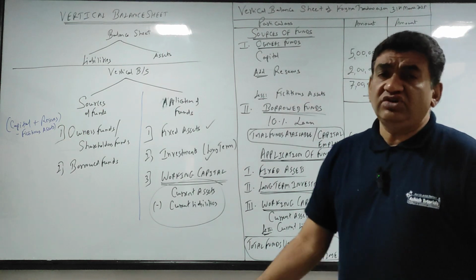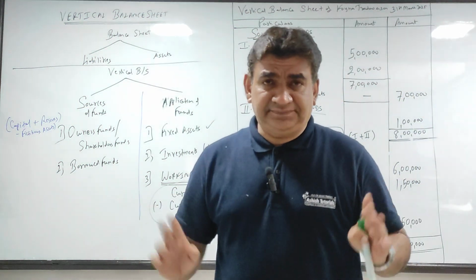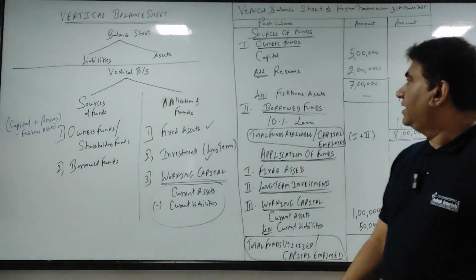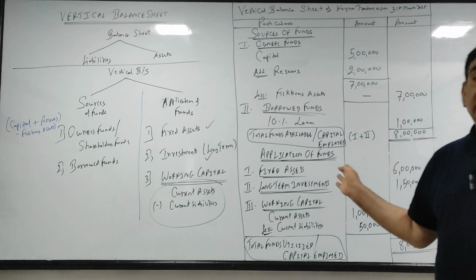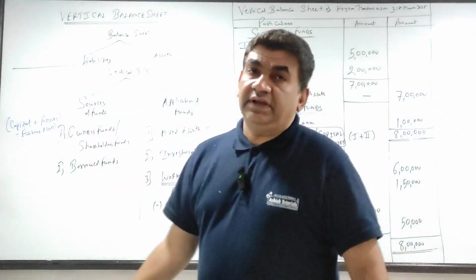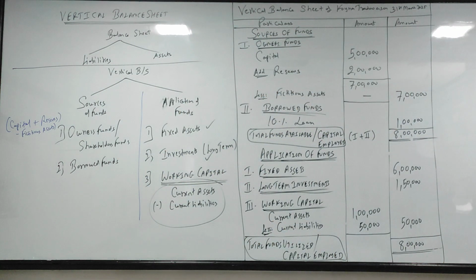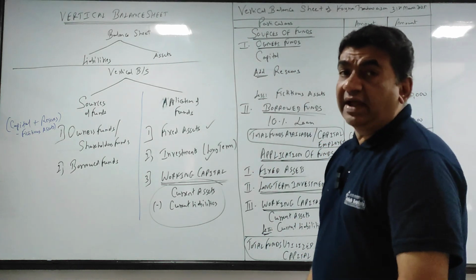नॉर्मल बैलेंस शीट हॉरिजॉन्टल टी फॉर्म बनाओ या वर्टिकल, बोथ द केसेस में इट हैज टू टैली। वहां पे लायबिलिटी एंड एसेट्स का टोटल सेम होना चाहिए, यहाँ पे सोर्सेज एंड एप्लीकेशन का टोटल सेम होना चाहिए। गॉट इट? सो दैट इज द कॉन्सेप्ट, sources of funds and application of funds, breakup of this vertical balance sheet.